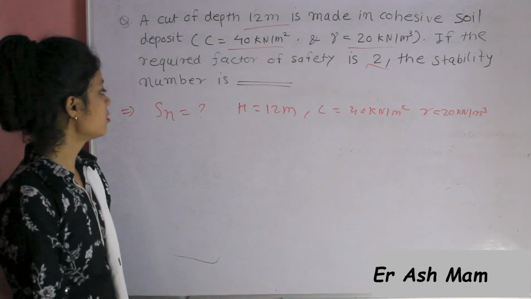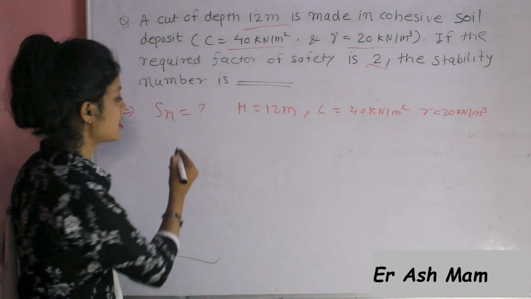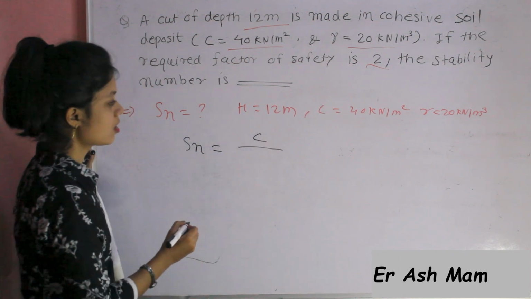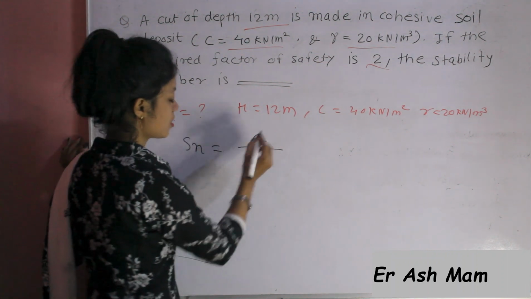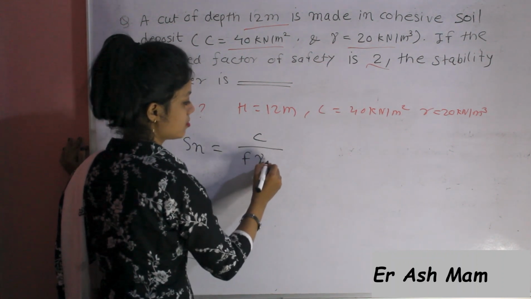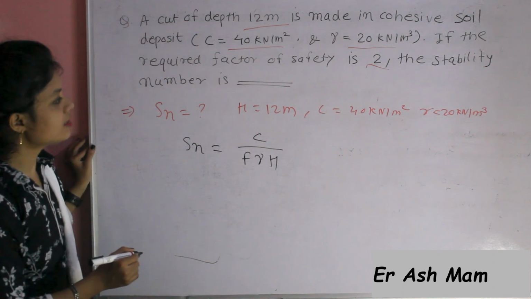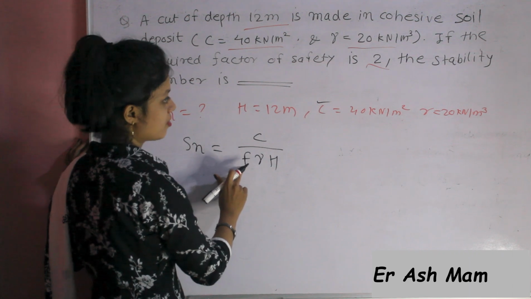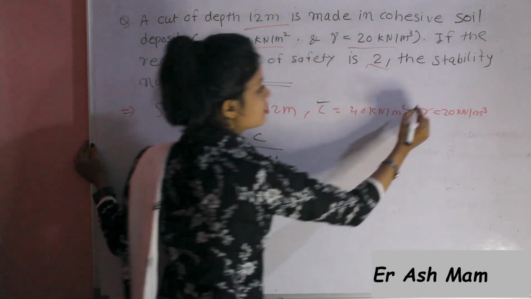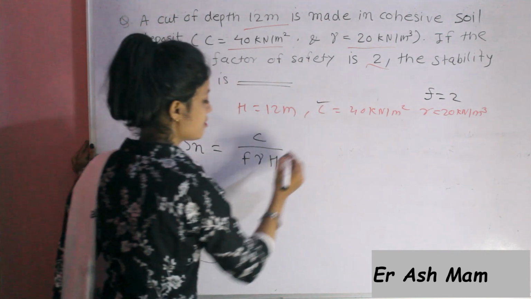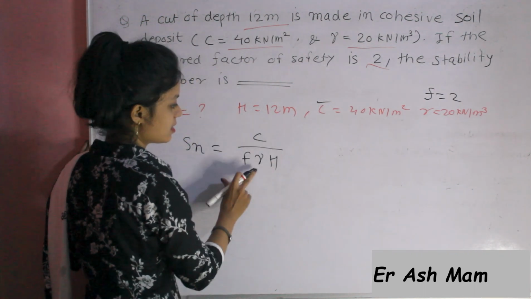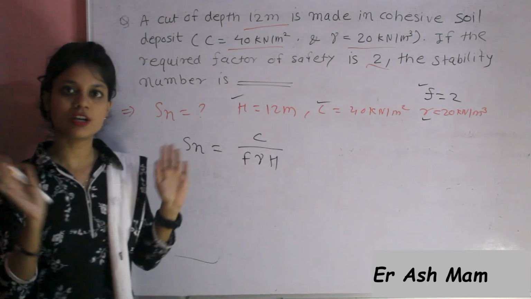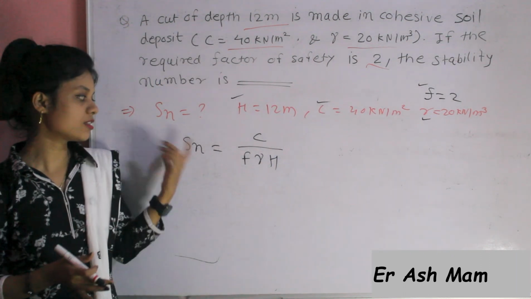There is one direct formula available for Sn, that is stability number Sn equal to C upon F gamma H. C is given, factor of safety F equal to 2 is given, unit weight gamma is given, and H is given. All values are given here, so just substitute values and you will get the value of Sn.